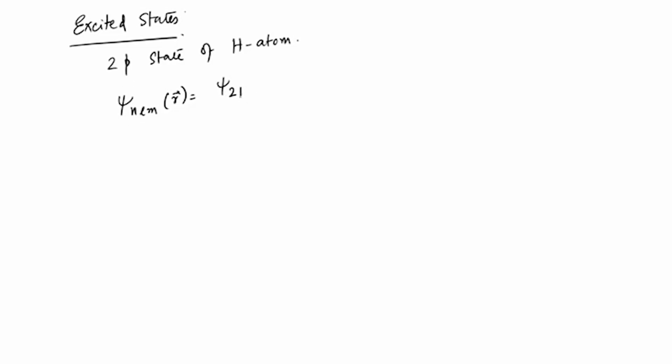Now m can be plus minus 1 or 0. And r theta phi, this is equal to 1 over 2 a 0. This is the exact one, not the variational one.